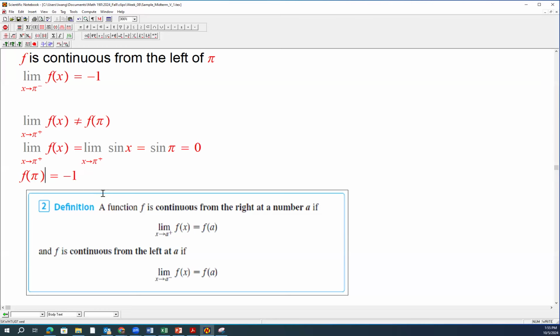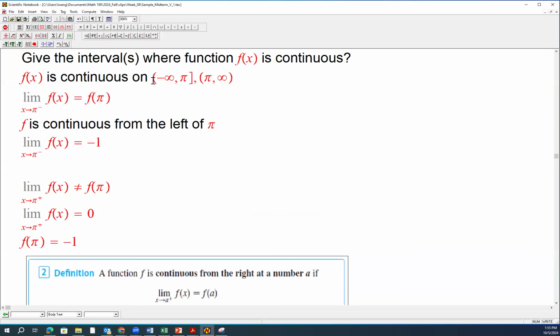We can clean up this one. Okay, now you can see it's left continuous, therefore it's continuous on this interval, but it is not right continuous.